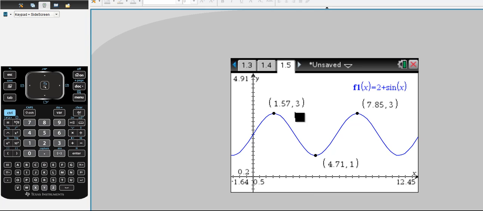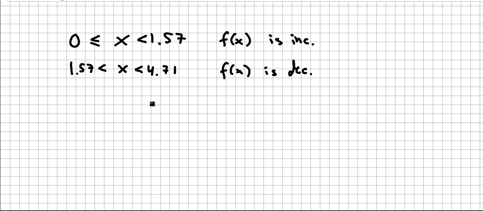It's falling here. Then we have until 7.85. We're not going to include it. So when x is between 4.71 and 7.85, f of x is increasing again.